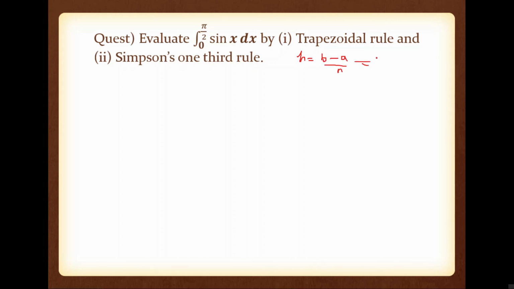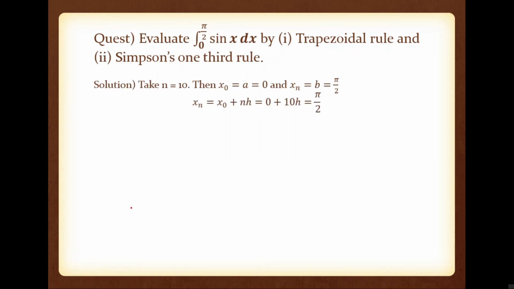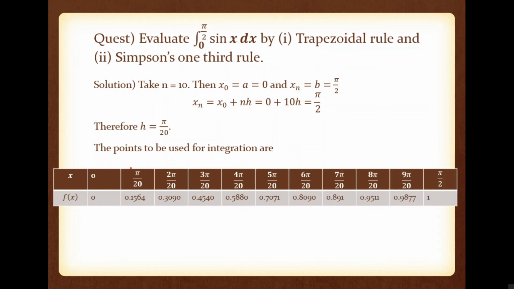So that is equal to pi by 2 minus 0 divided by 10, that is pi by 20. So h is equal to pi by 20. Okay, so these are the data.